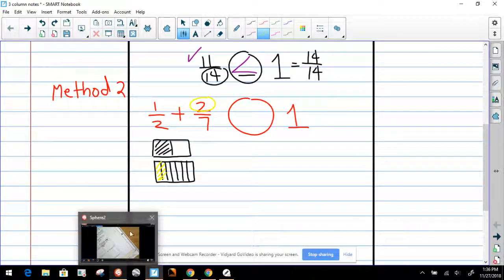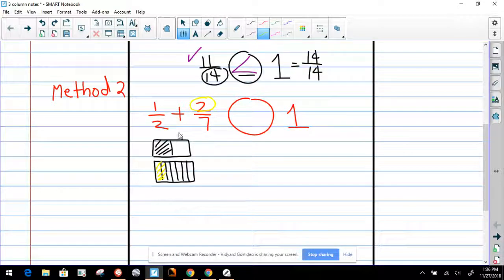So now when you place these two together, when you say 1/2 plus 2/7, will that equal more than 1 or less than 1? Based on what I see right here, the answer is going to be more than 1. Because look, you have all of this. Let me use a different color. If you want to add all of these parts of this whole, and we're going to add to this half.